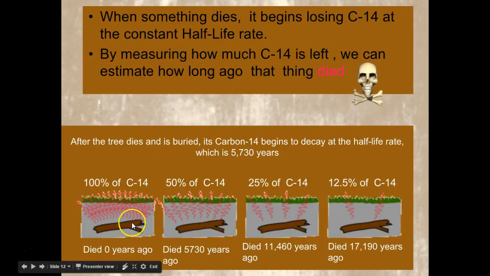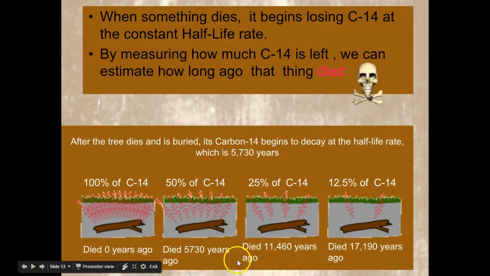So, if you think of a tree, it takes in carbon from the atmosphere in the form of carbon dioxide, and it grows into the tree. Then after one half-life, 5,730 years, it's going to decay, and it's only going to have 50% of the C14 left.